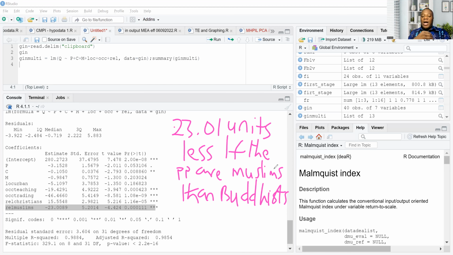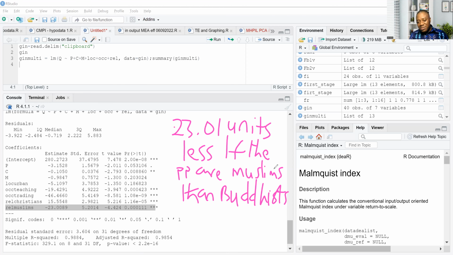So after, on average, given price, complement price, location and occupation, you said quantity demanded is predicted or expected to be. So now the focus is on the quantity demanded. It is predicted to be, or expected to be, not that it's rising, it's predicted to be 23.01 units less.